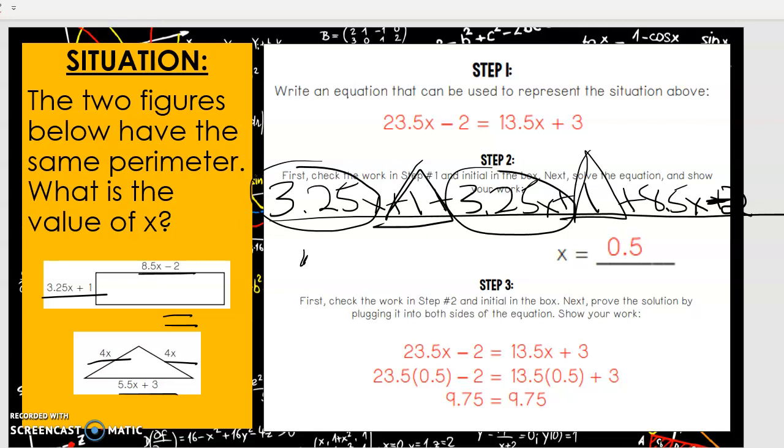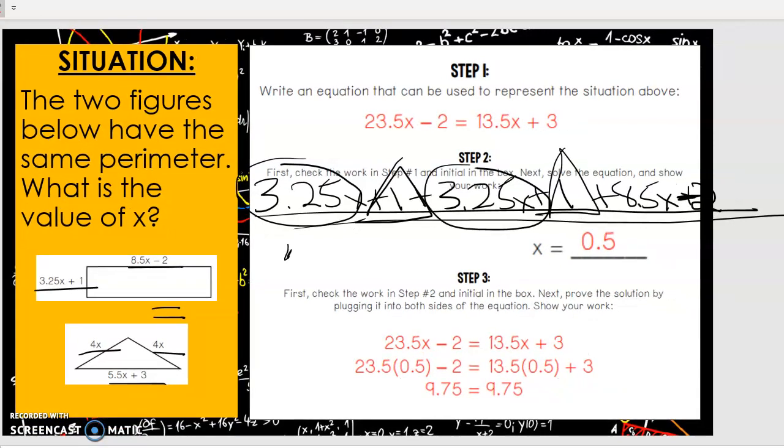You go through and add what is alike, and combine all those like terms, and it condenses down to, instead of all of this, just this right here. Okay, once you do that and you solve, you should get 0.5, and then you plug it back in, and there you go.